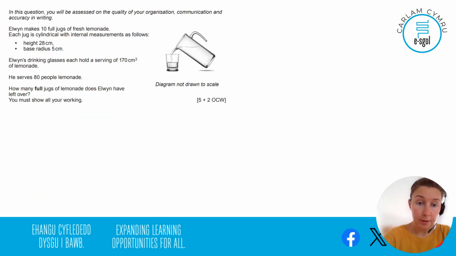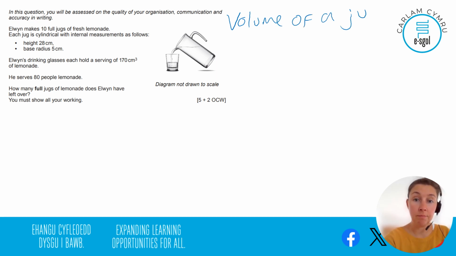So our first step that you will need to know is what formula you'll be using. Again, you won't be given these formulas within an exam paper, so you do actually need to revise and know them. So volume of a jug we're finding out first.